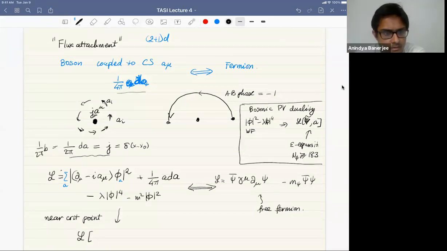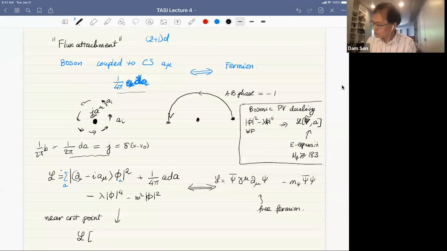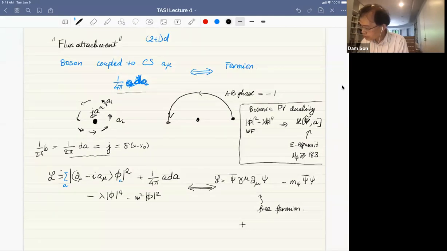Can I ask a question? Yeah, sure. Could you match the symmetries on the two sides? I see these two U1 symmetries on the fermion side. I'm not sure what they map to on the bosonic side. So there is a U1 symmetry on the fermionic side, the U1 particle number. I can add here explicitly a coupling of A_mu to that particle number.